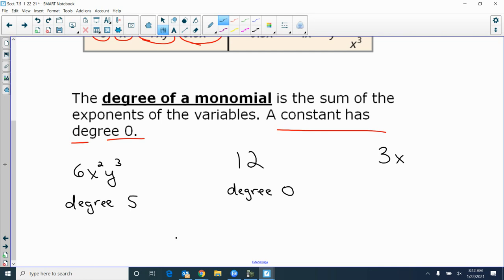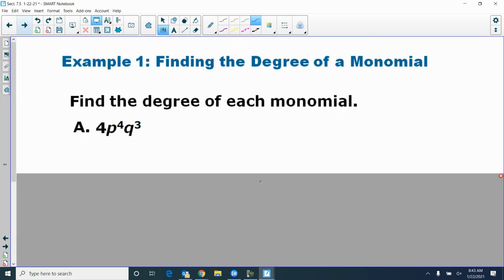What variable do we have? None. You guys have got to start speaking our language. Variable is the letter, okay? Thanks, Colin. Zach? 1. Only 1 of the X. This has a degree of 1. It's not written. So this would be first degree. First degree.